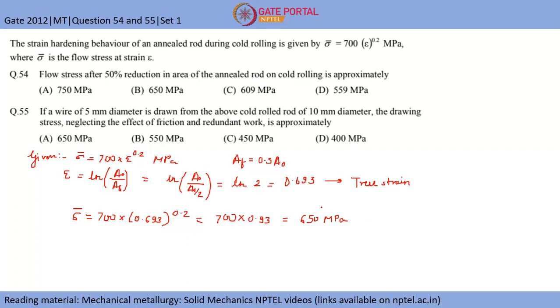So the correct answer for question number 54 is option B. If you have any doubt, you can ask me now about question number 54, then we will solve question number 55.